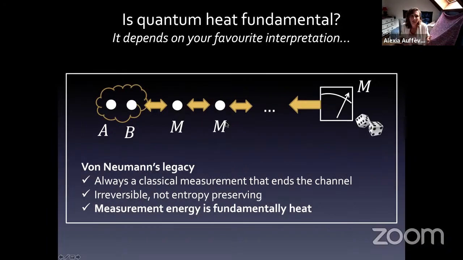But if, on the other hand, you have von Neumann's legacy in mind, and you are more or less Copenhagen-plugged, then you have this idea that there is always a classical measurement that ends the measuring channel. And this classical measurement, which in this view is fundamental, you cannot avoid the cut, the Heisenberg cut, then measurement is irreversible. It's not entropy preserving. So the measurement energy, from this global point of view, becomes fundamentally heat, or very similar to heat.